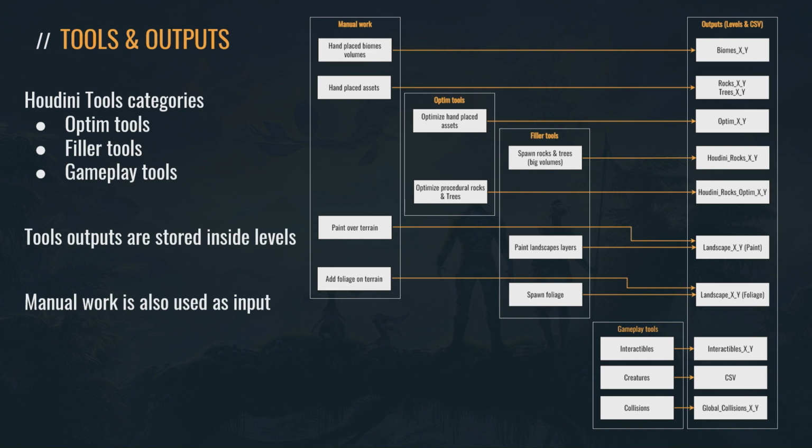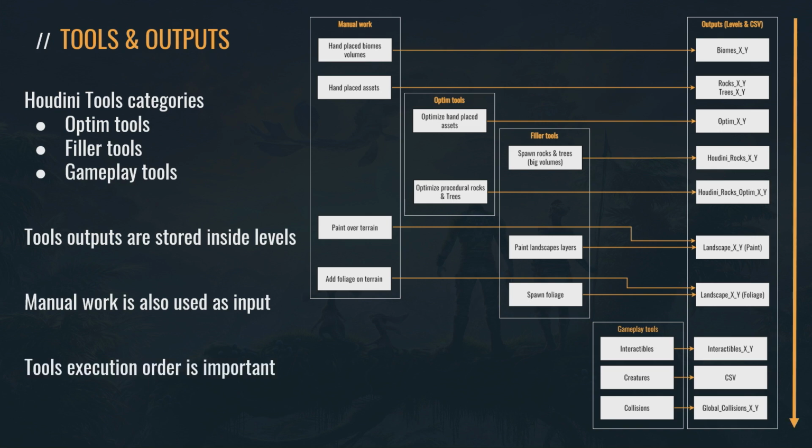On top of that, we have everything that is placed manually by artists. Those scenes and the actors placed in them will be used as input inside our tools. What is important to understand here is that the order of execution of all those tools is super important.